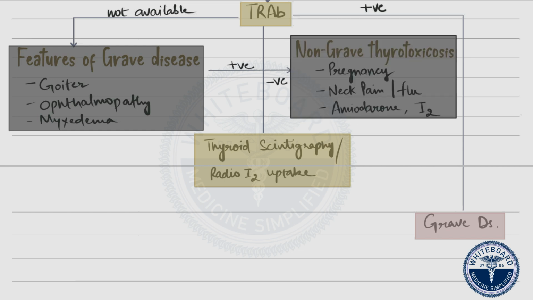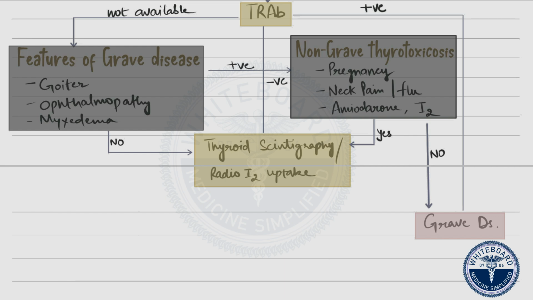If these features are not present, then this confirms Graves' disease. If these non-Graves thyrotoxic features are present, then we go for thyroid scintigraphy or radioiodine scan. And if the features of Graves' disease are not present, then we also go for a thyroid scan.